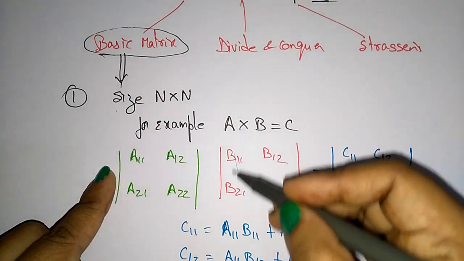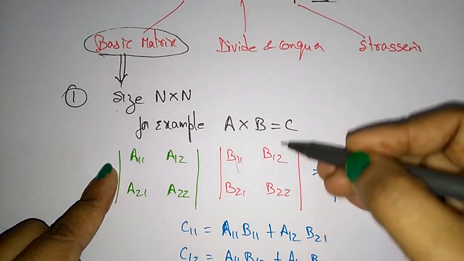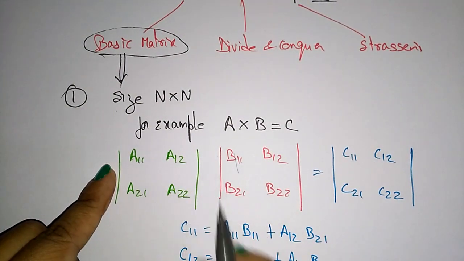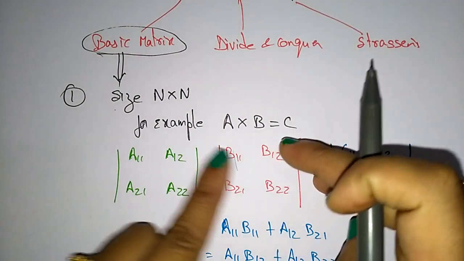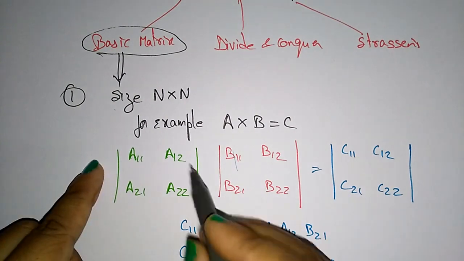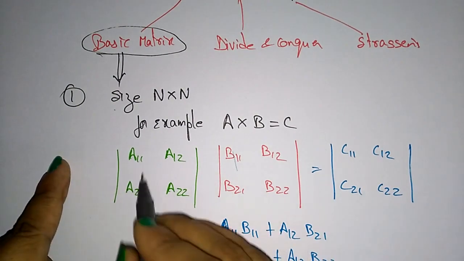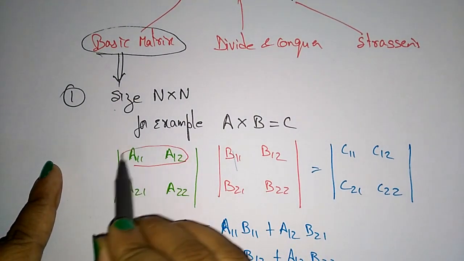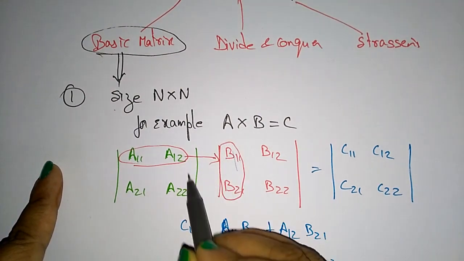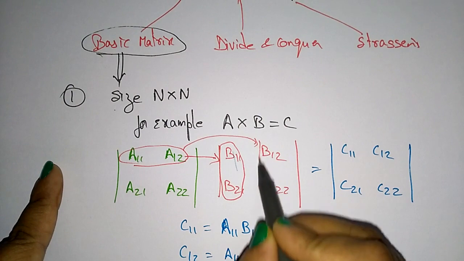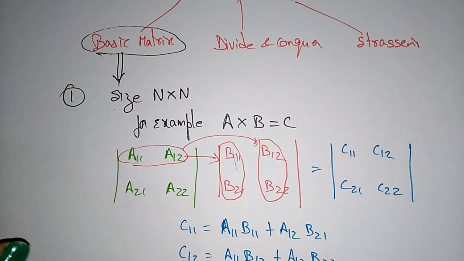First this row has to multiply with the first column and next with the second column. First this row multiplies with this column, and next with this column.